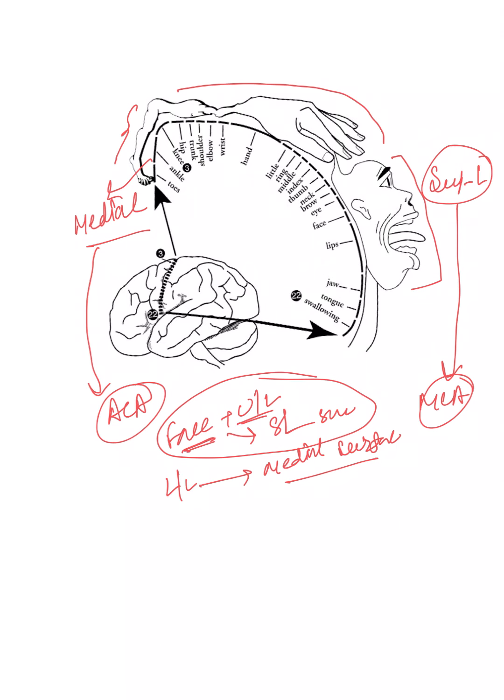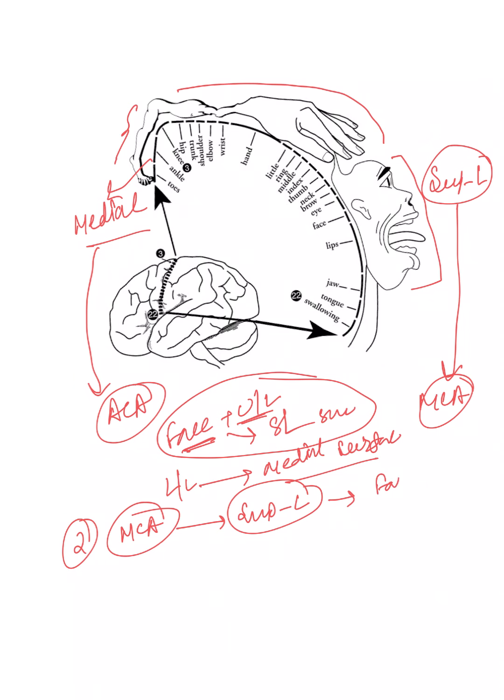Very good, because the lesion is on the motor cortex on the superolateral surface. And the second fact is, if there is ischemia in the middle cerebral artery, the superolateral surface will be affected, and it will cause weakness of the face and upper limb on the contralateral side.